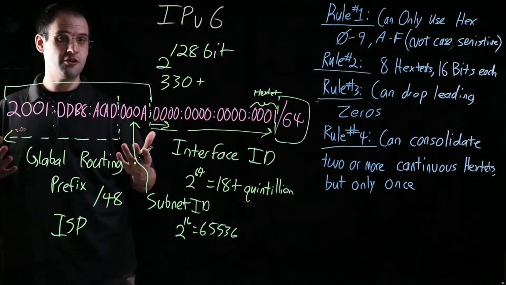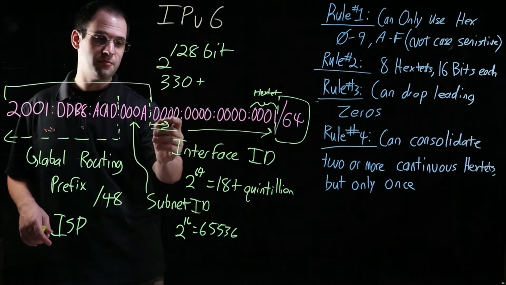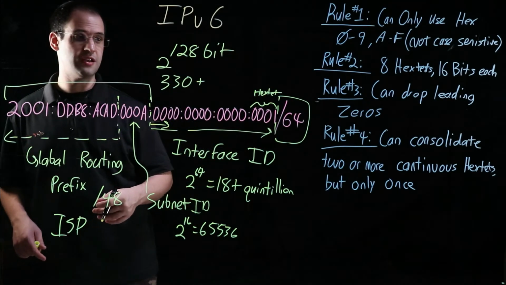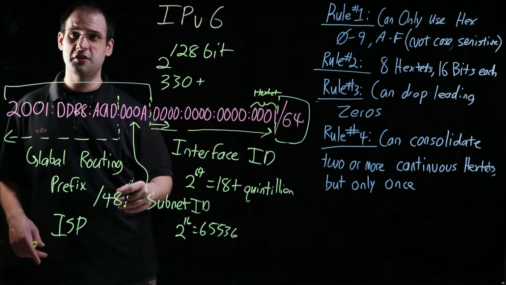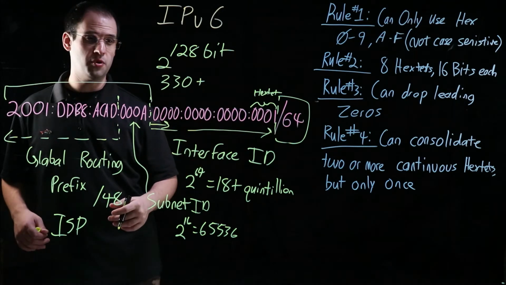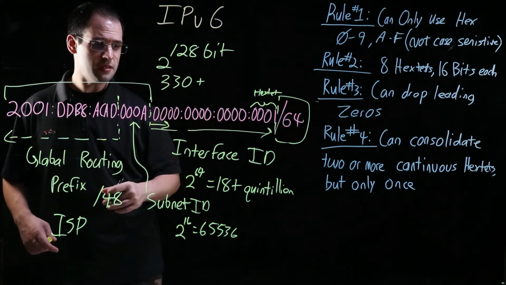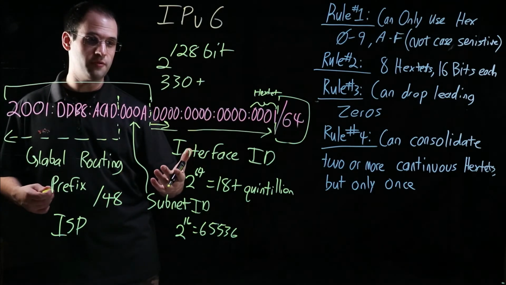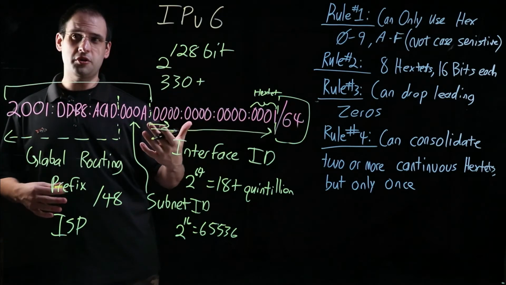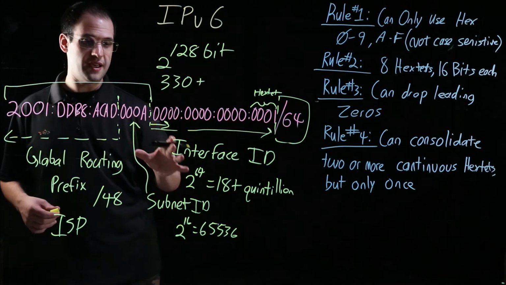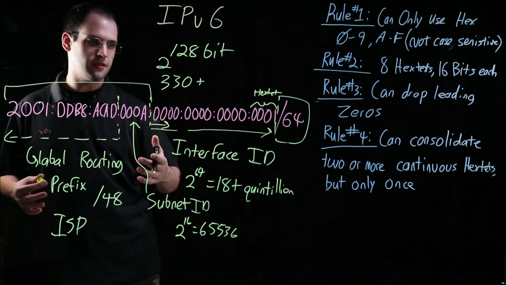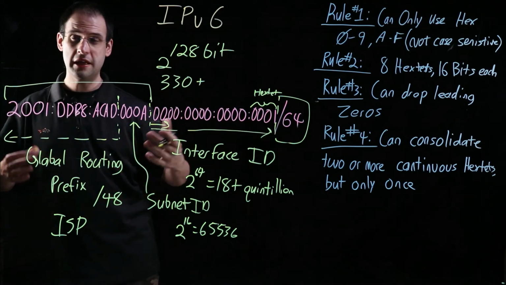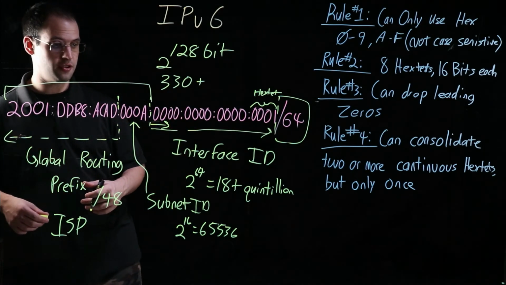You may hear about it in the future, where you can subnet into the interface ID and create /127s, /126s, really small point-to-point networks, but that's quite a bit more advanced. Within the scope of these courses, I don't really expect you to need to do that, but it's something you can pursue in the future on your own. I'm not going to cover that in these videos.